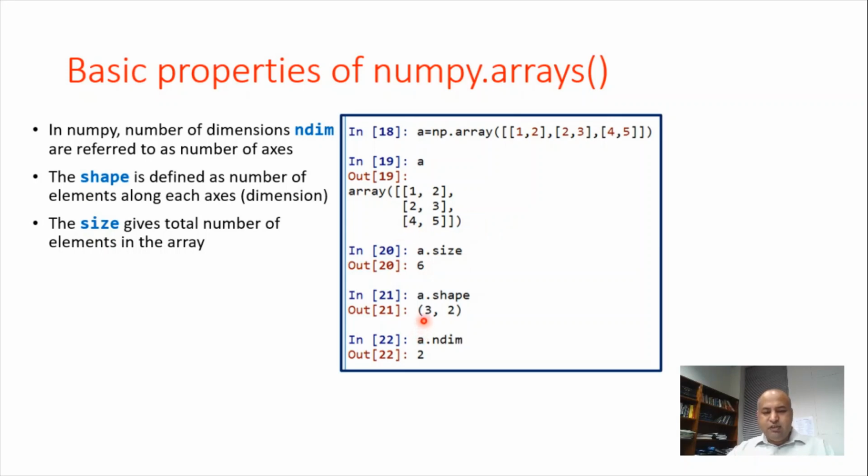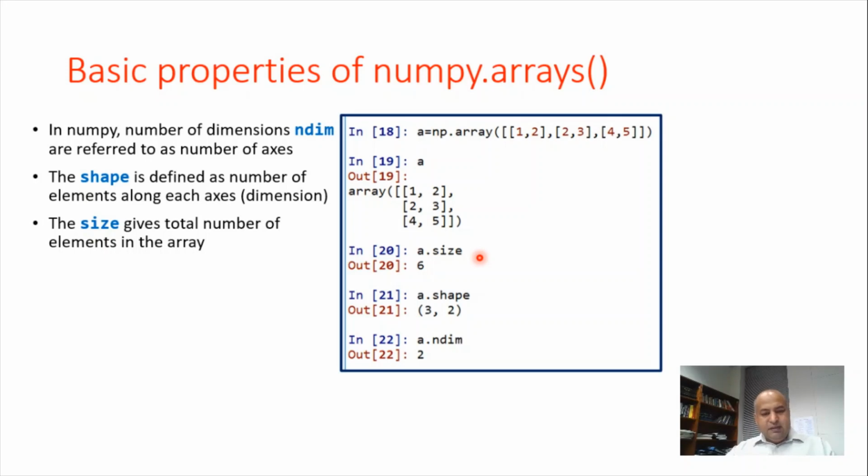Along the second dimension, the column dimension, it has two elements, because there's one column here and a second column here, so this is 2. Even though its shape is 3 by 2, it's still a two-dimensional array because we are specifying elements along two dimensions. You can imagine one dimension here and the other dimension here. And ndim gives us the dimension. All matrices are two-dimensional, even though their shapes can be different because we have different numbers of elements along different axes. And the size is just the total number of elements. It counts all the elements in it.